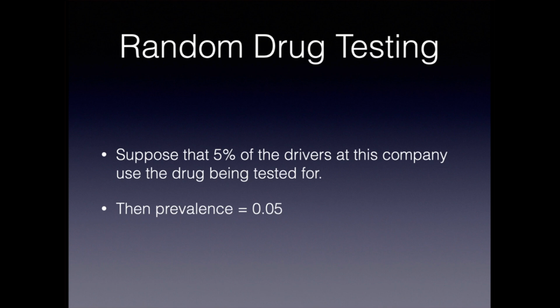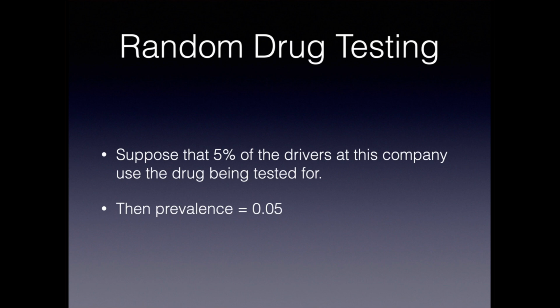If a test comes back positive, we need to compute the positive predictive value. If the test came back negative, what we would need is the negative predictive value. Both depend not only on the accuracy characteristics of the test, specifically the sensitivity and specificity, but also on the prevalence of the characteristic in the population that we're testing for.